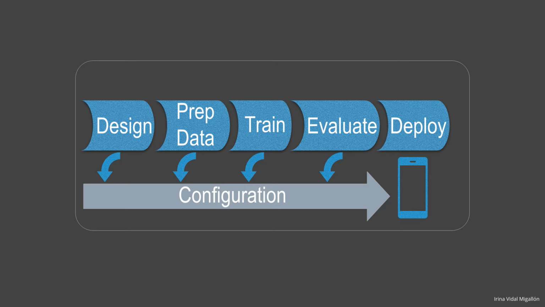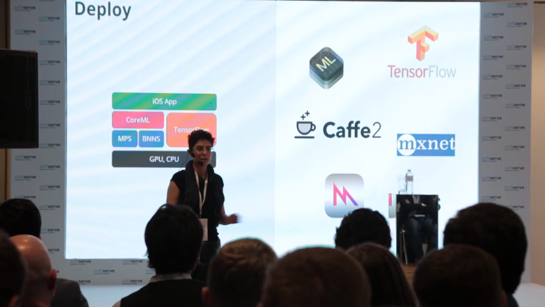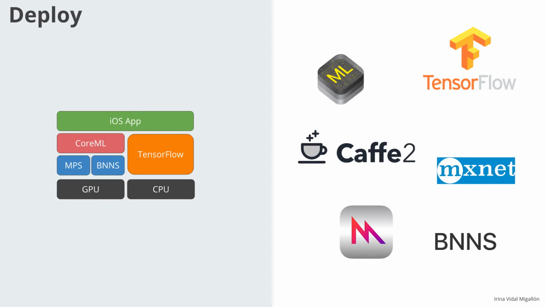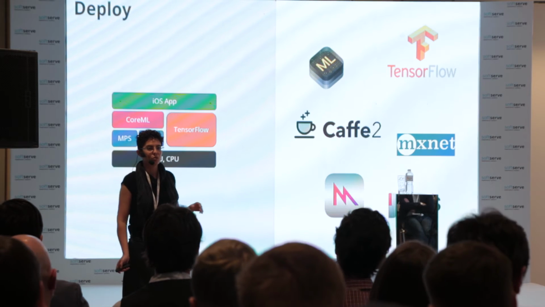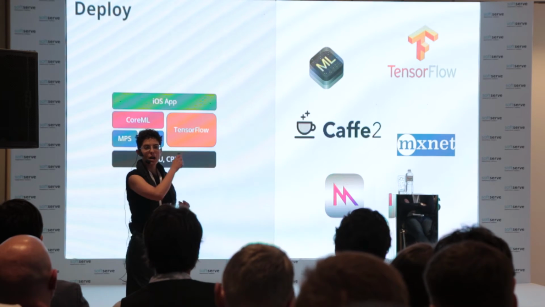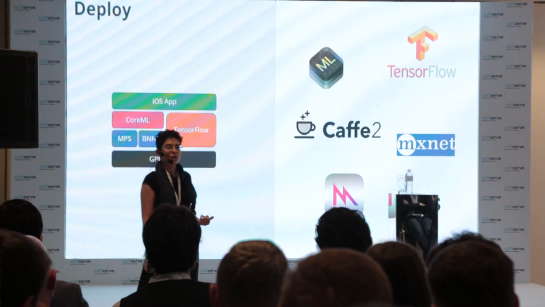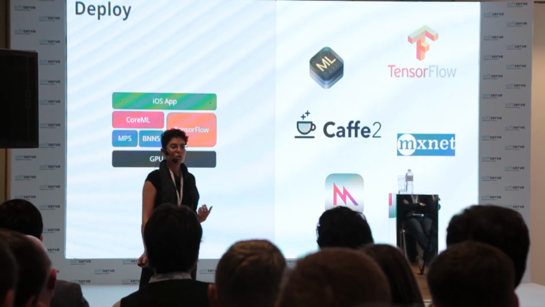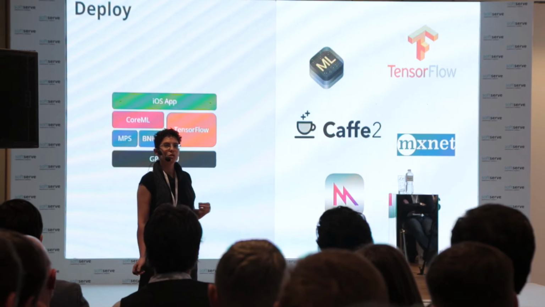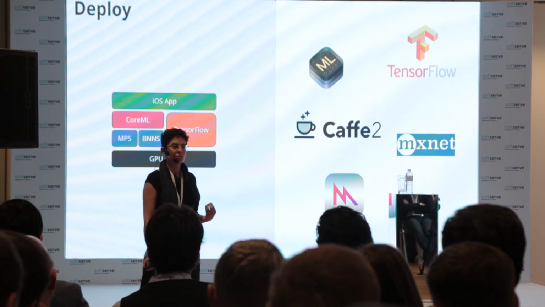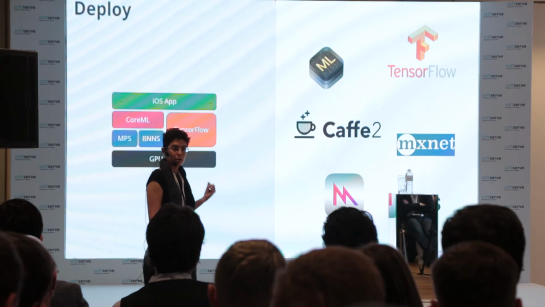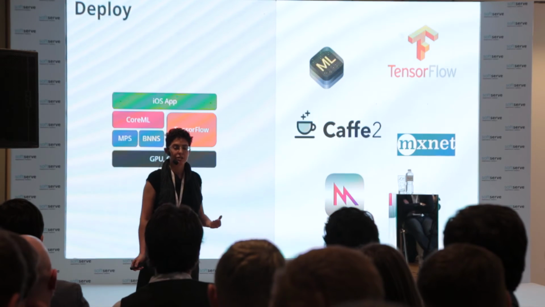And at this point, you have a ton of different options available to you. There's frameworks being announced every day, so this is just a sample of what's available to you, roughly ordered from highest level of abstraction to lowest level of abstraction. In the case of iOS, if you're going to customize every aspect of your network, you're probably going to be working on bare metal or metal performance shaders.